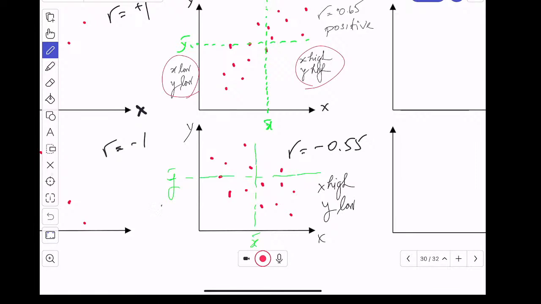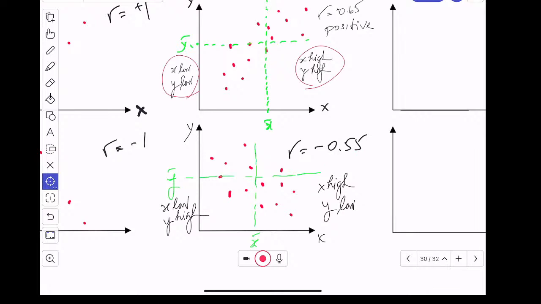And when x is low, where's y? Y is in both places, but it tends to be high. So I'm going to say y is high, but the reason that it's not perfectly high, and there's some here, affects this being perfectly negative, right?